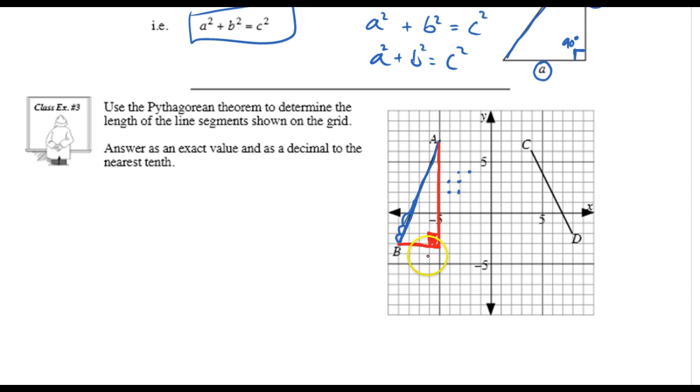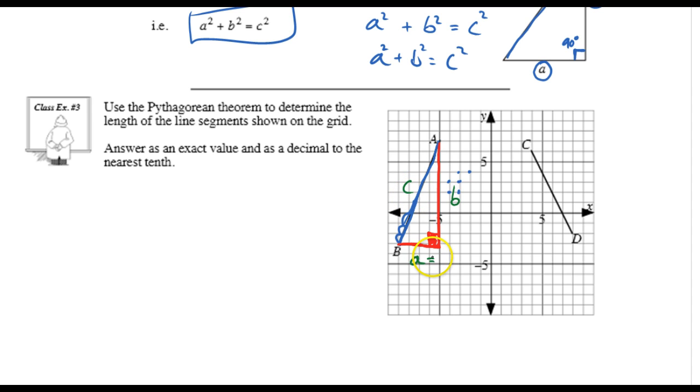Now I need the measurements of A and B, the two short sides. It doesn't matter which one is A and which one's B, as long as you know which one is the long one. The long one is over here, and that would be the C side, or the hypotenuse. So I'll label this A, this B, and this C.